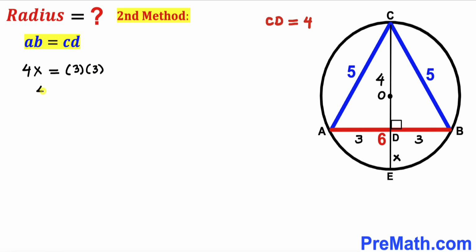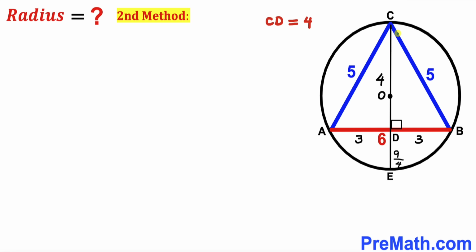Simply, 4 times x equals 9. Now we are going to divide both sides by 4 to isolate x. This 4 and 4 is gone. So our x value simply turns out to be 9 divided by 4.